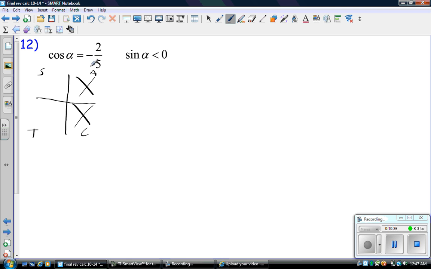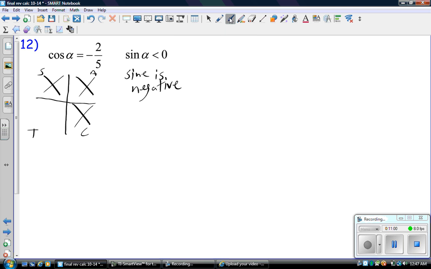So it can't be there because cosine's negative. Now, sine of alpha is less than 0. That's a fancy way of saying that the sine is negative as well. Less than 0 is negative. So that's all that means. That's the only reason that's in there. So if the sine is also negative, that means it can't be up here. We've got to be down here. So now we know what quadrant we're in.